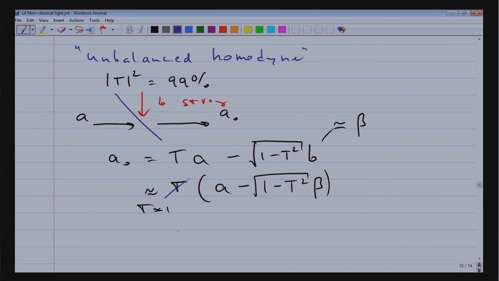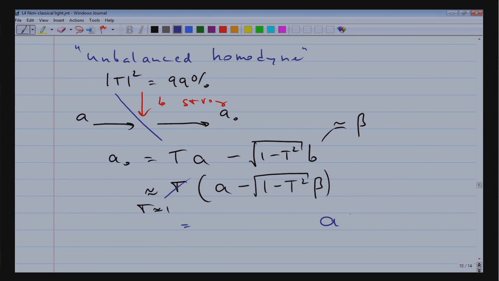And what we have obtained is actually the original quantum state A, or I should say the operator, I'm in the Heisenberg picture. A is the mode operator for the input of the unbalanced homodyne detector.